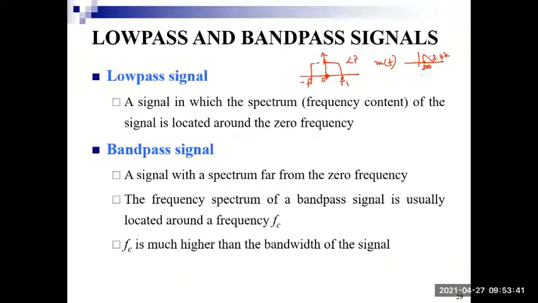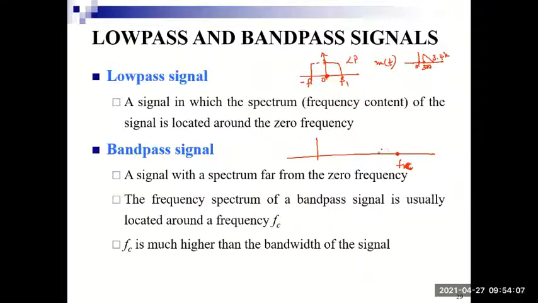Even this is a low pass signal because it is close to 0. So usually we call all those signals which are very close to 0, and very often including the 0 frequency, low pass signals.